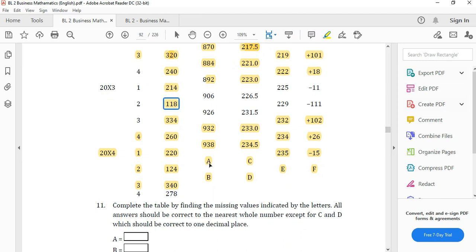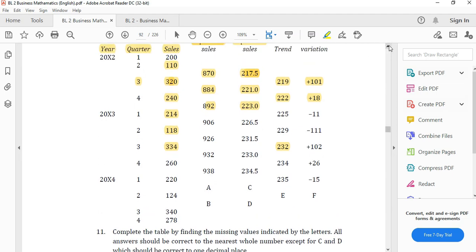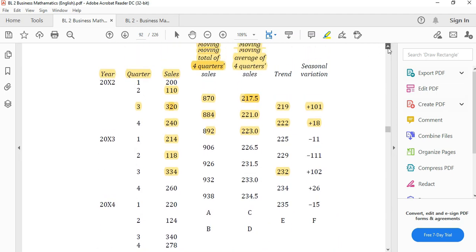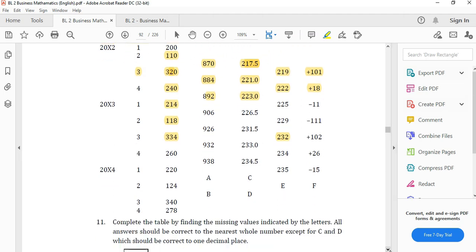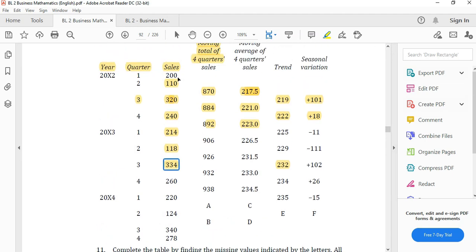Alright. Now they are asking to calculate A, B, C, D, E, F. So A and B are the moving totals of the 4 quarters. Right? Moving total of the 4 quarters. So we are starting addition of 200, 110, 320 and 240 is 870.